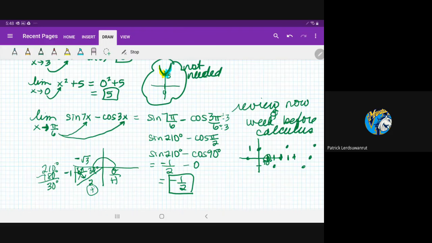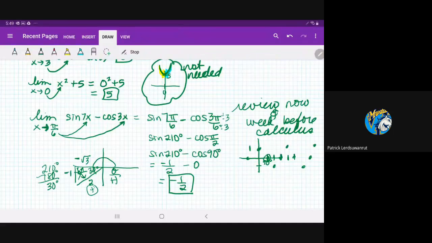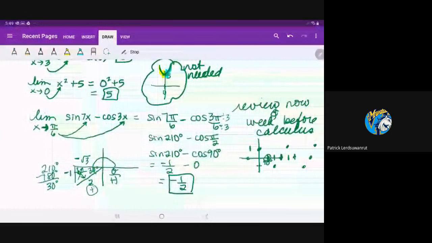In IB, they give you 12 pages of formulas. But our IB classes take the AP test too usually. So, yeah, you don't get a cheat sheet in calculus on the test. Very rarely. At the end, maybe they give you one for the final exam. That doesn't help you on each individual test.